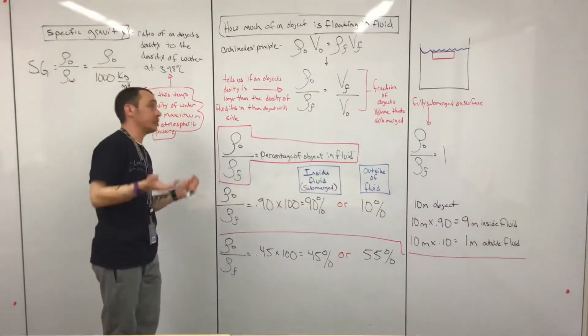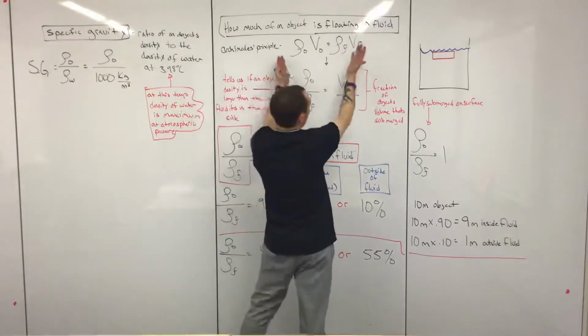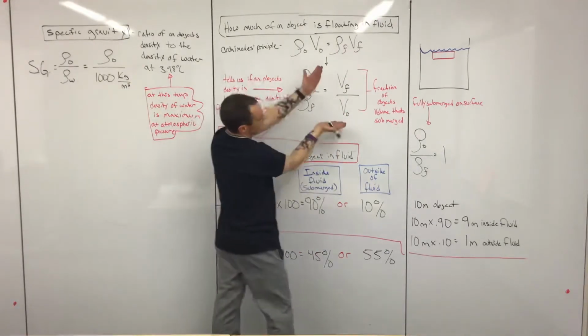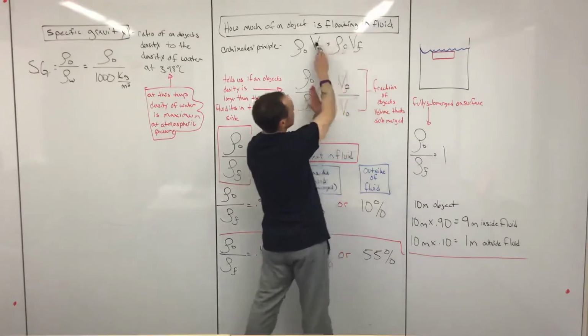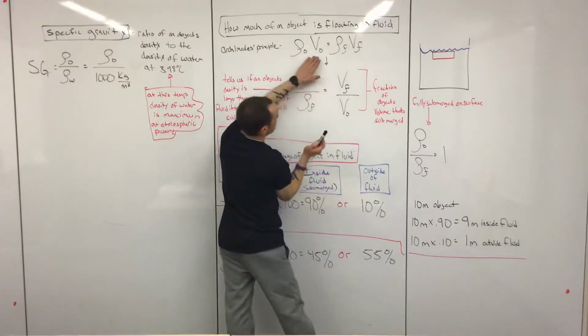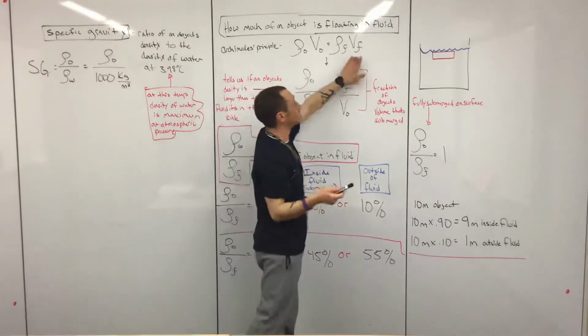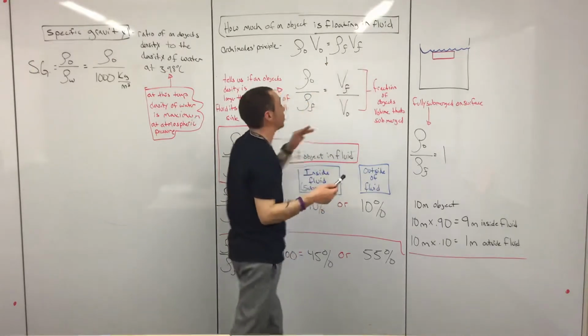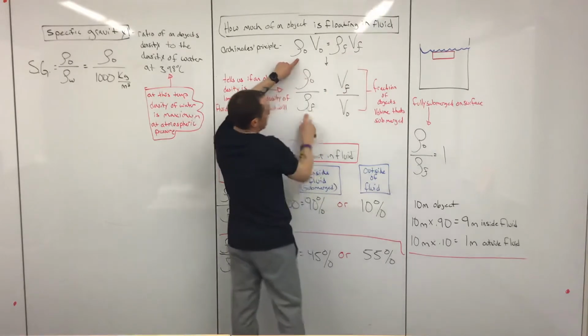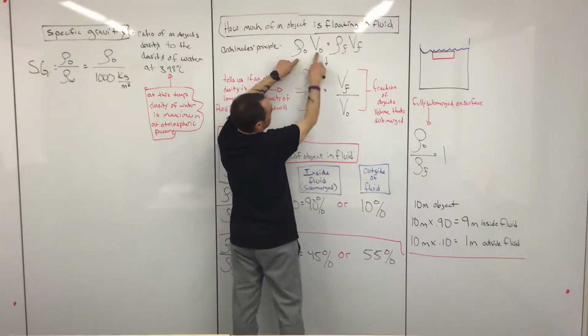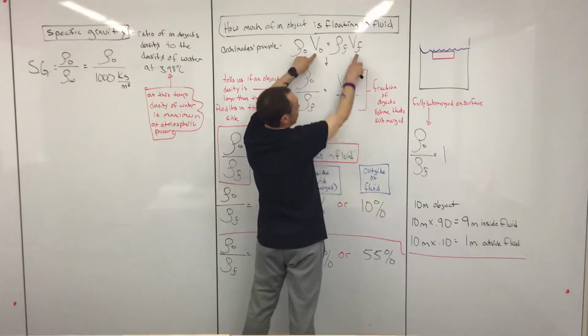a floating object, because when we rearrange this equation, we get, first of all, this important ratio over here, which is the volume of the object in the fluid over the volume of fluid displaced by that object. We're just bringing the density of the fluid under the density of the object and the volume of the object into the volume of fluid.